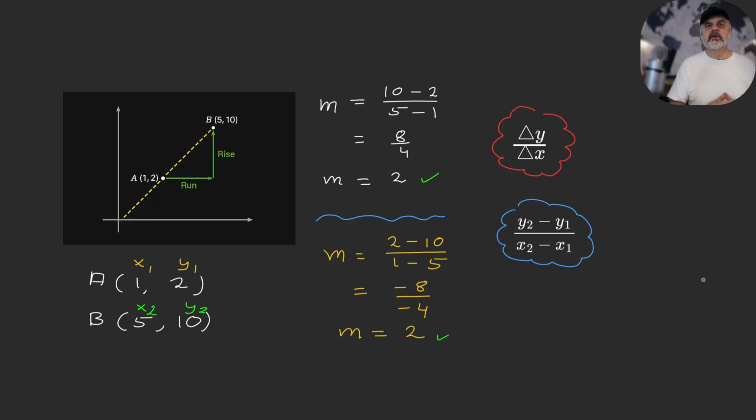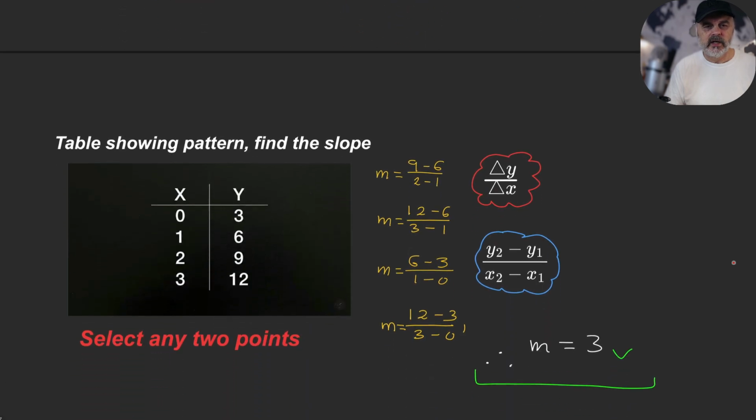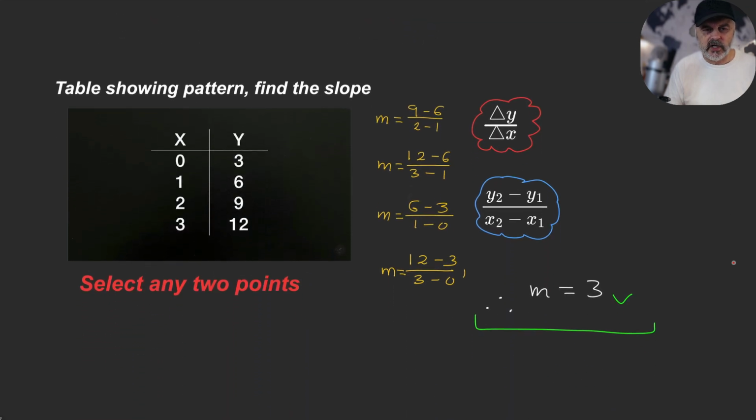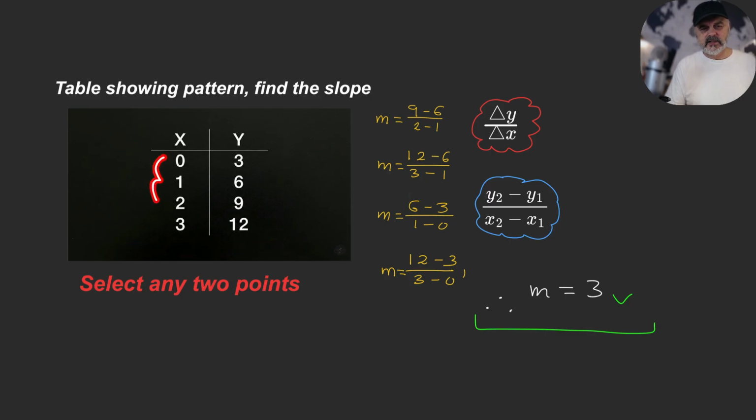So hopefully now you are a master of finding a slope between any two points, whether you have them on the line, or whether you have them in the form of a chart. For example, this chart again represents a change that you have to establish first, that the x values continue changing by the same number. So that's the key.